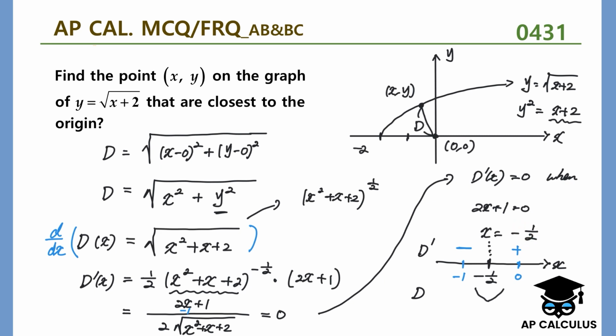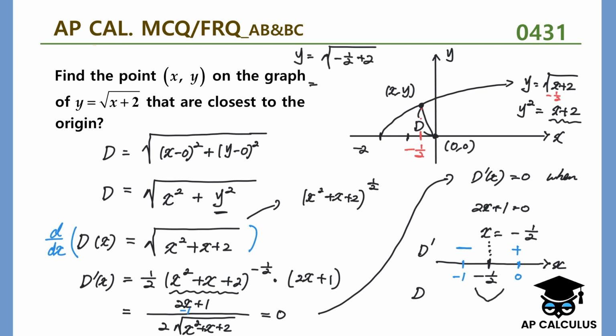The question is to find the point, right? So this x value right here, that's negative 1 over 2. And when x is negative 1 over 2, what is y? Y is equal to square root of negative 1 over 2 plus 2, right?